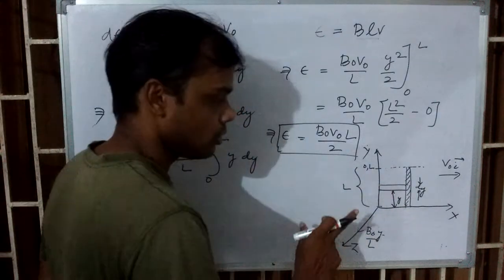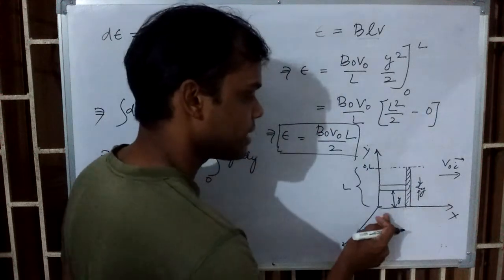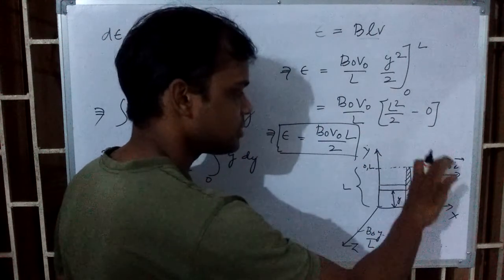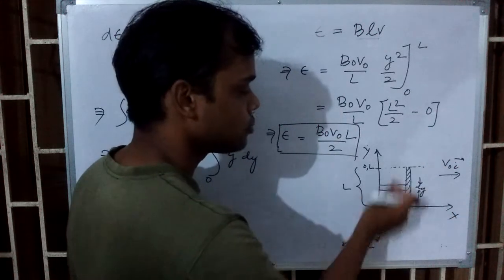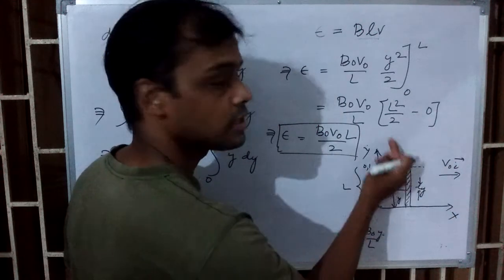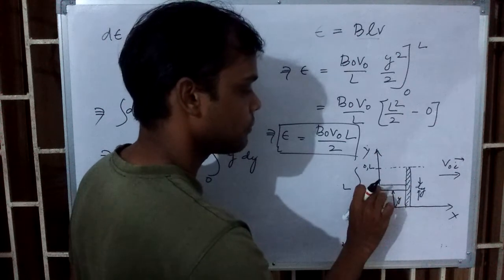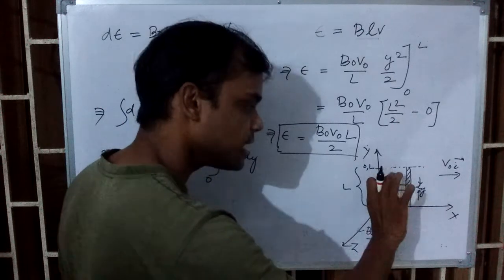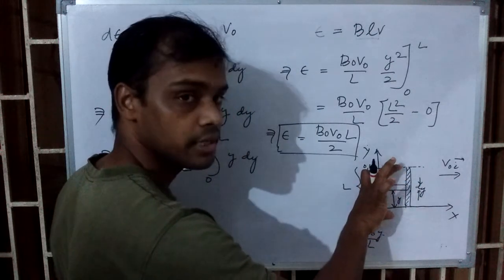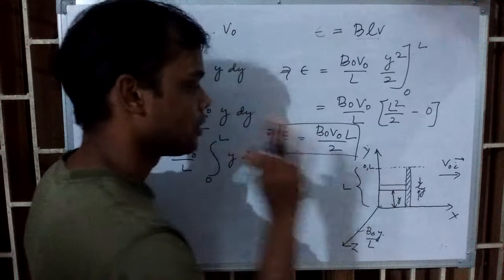Here, look, I chose this element because my variable is y. In this direction no variable is there because velocity is constant. So you have to choose an element along this path, which can be integrated throughout the total width.